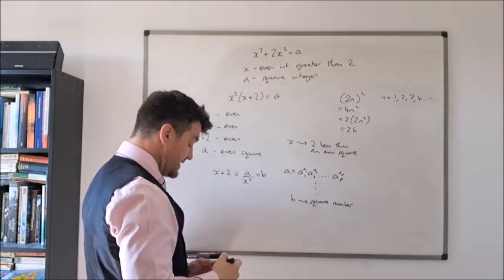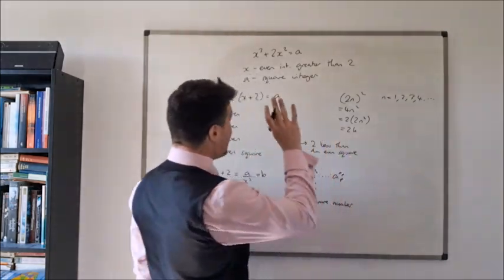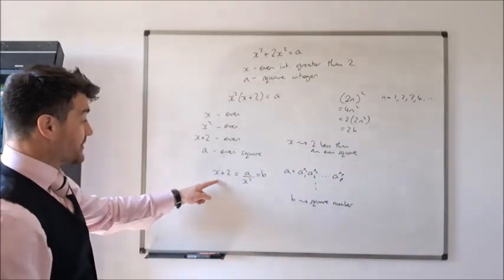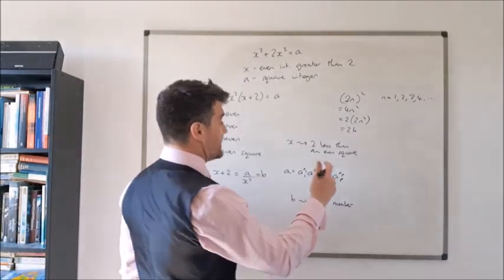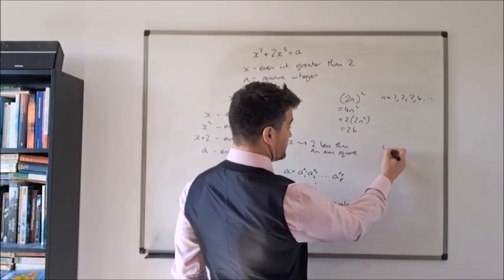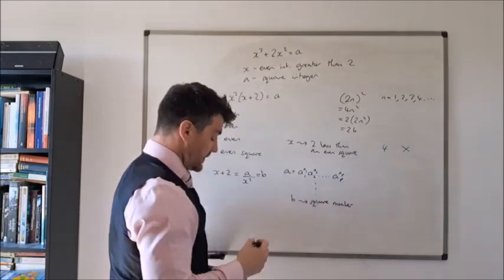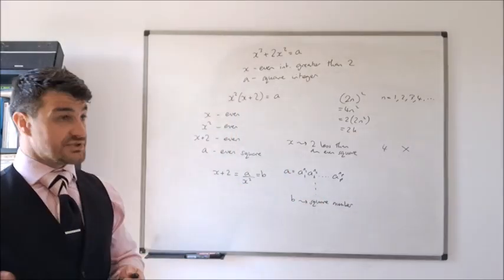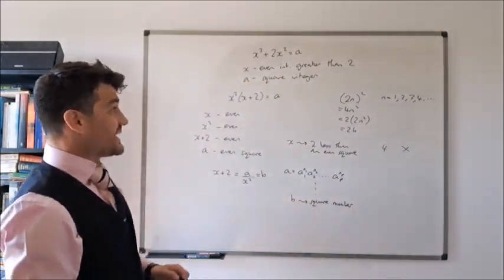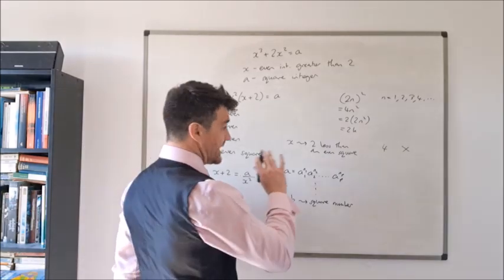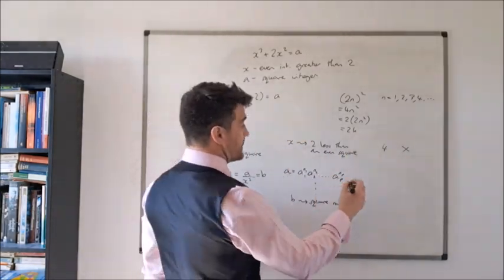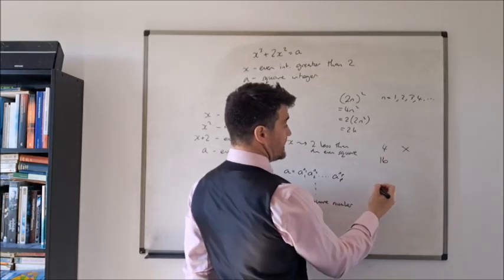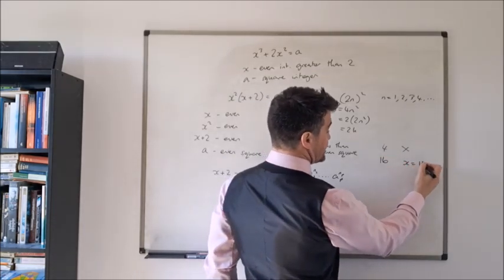Okay, so what are the possible even squares? Well, x is an even integer greater than 2. So x can't be equal to 2. x plus 2 can't be equal to 4, because that would mean that x is equal to 2, but we know that x is an even integer greater than 2, so it can't be that. So what's the next even square? 16. And in that case, we'd have x equals 14.